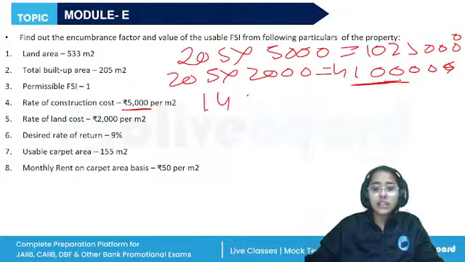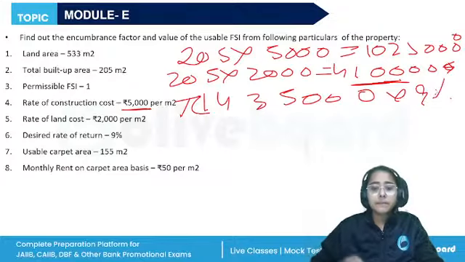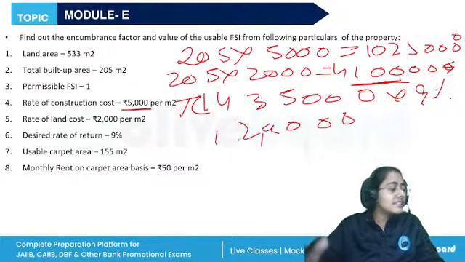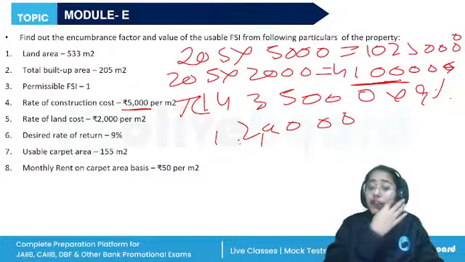So 14 lakh 35,000 will be the total cost, and we will multiply it by 9% or 0.09, which will be 1,29,000.